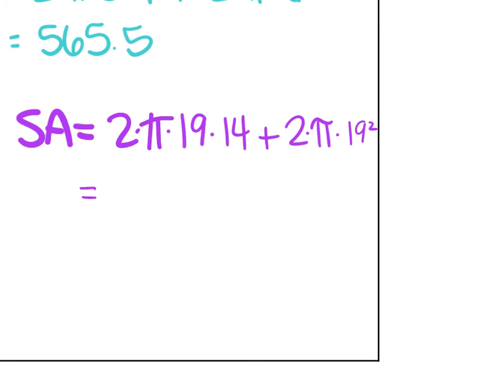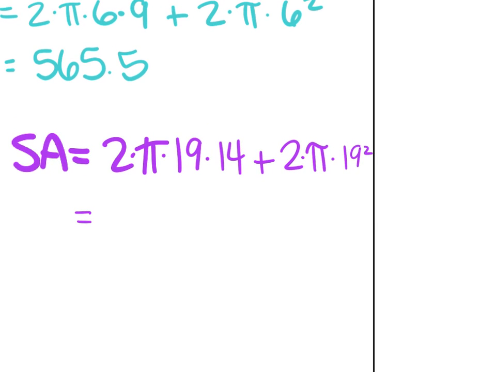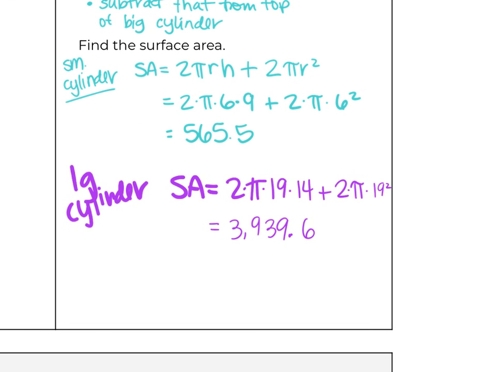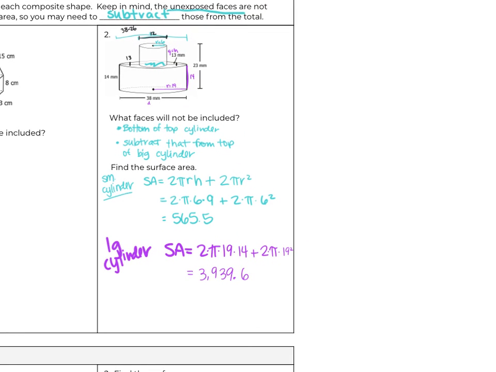So I got 3,939.6. I also typed the whole thing and then clicked the wrong button at the end and had to start over, so that was fun. Yeah, I clicked like log or something on my calculator. All right, so this is the big cylinder. So always think back to this part.